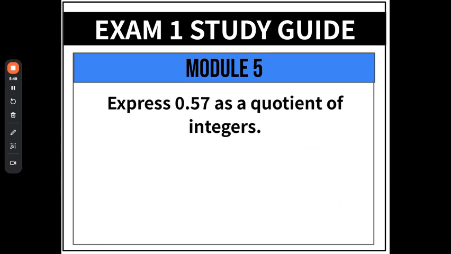Express 0.57 as a quotient of integers. This quotient indicates that we need to divide. So what does 0.57 actually mean? Well, since the 57 is after the decimal point, that means that we can put 57 over 100.